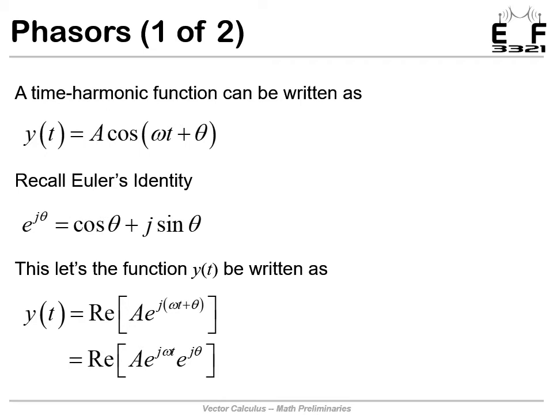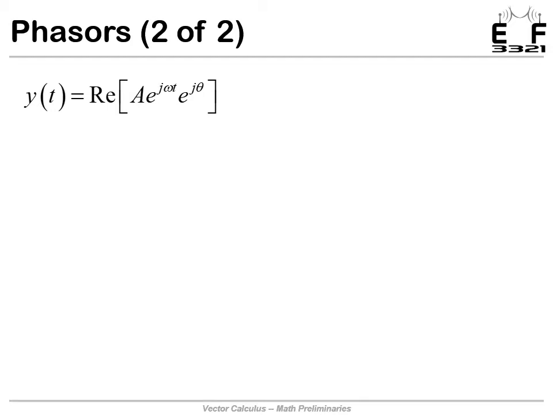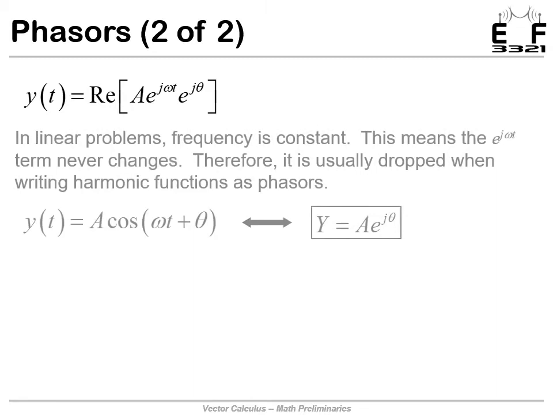At this point, we will factor out the e to the j omega t term. And in the next slide, we'll get rid of that. So we start with the equation we had on the previous slide, and I promised we would be getting rid of the e to the j omega t term. So let's go ahead and do that.